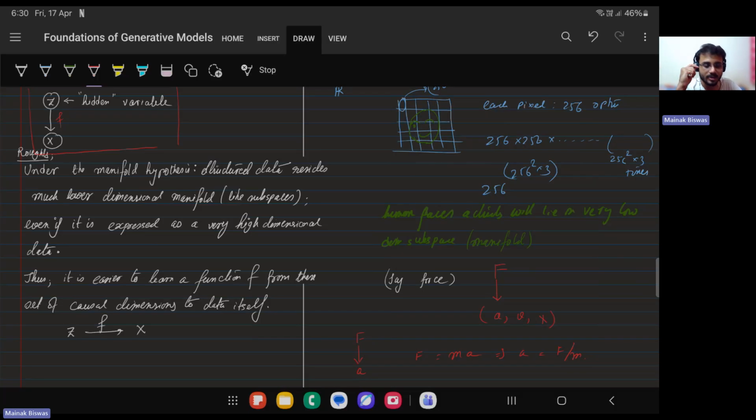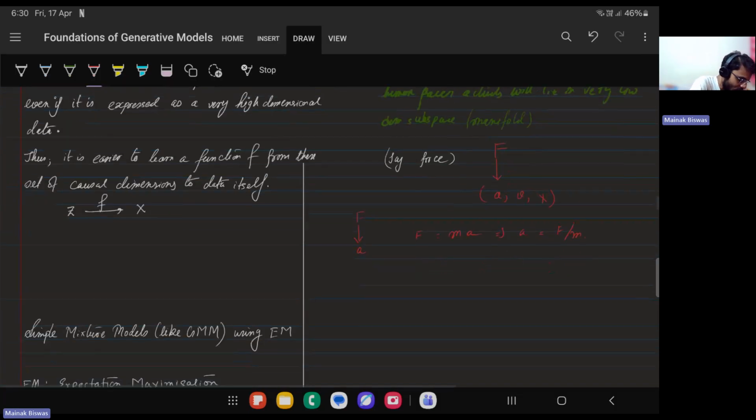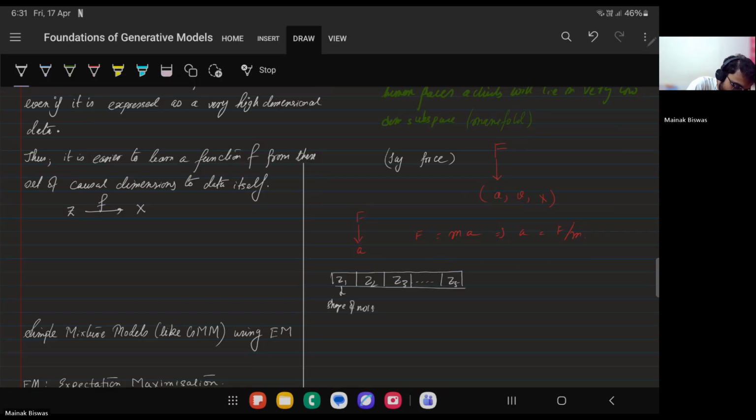So for example, I'll give you another example. Say that your human faces could be explained by 4 or 5 features. Say 5 features, and I write them as Z1, Z2, Z3, Z5. Say this is the shape of nose. This is male or female.